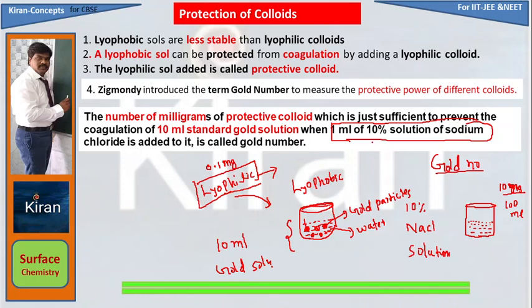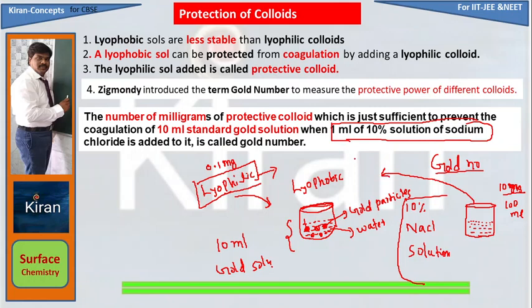When 1 ml of 10% sodium chloride solution is added to it. See here, before, I prepared this 10% NaCl solution. This side I have prepared 10% NaCl solution. From this I am taking 1 ml.